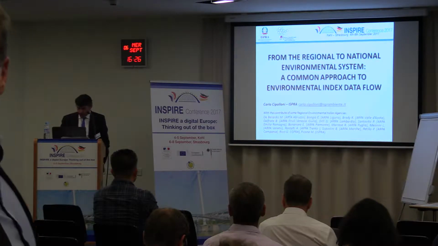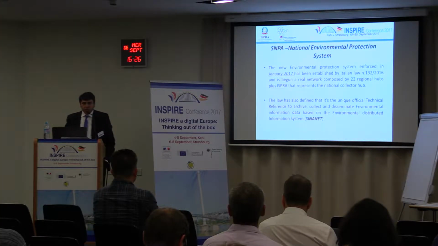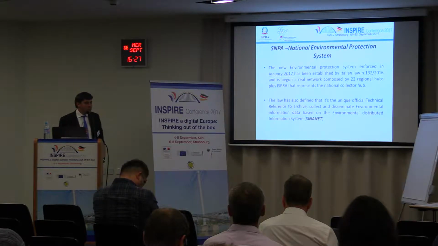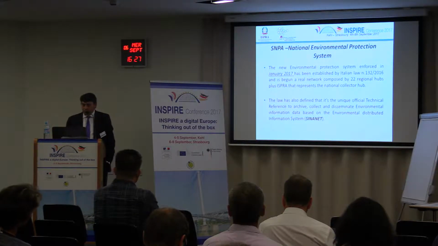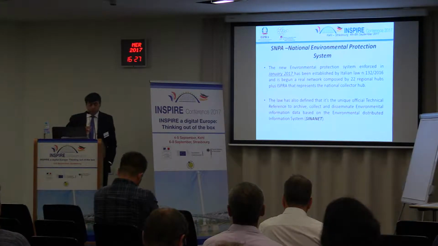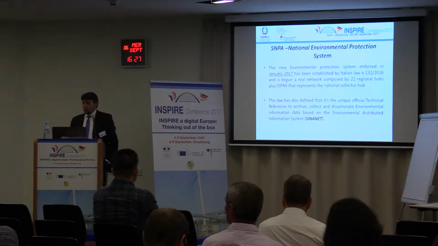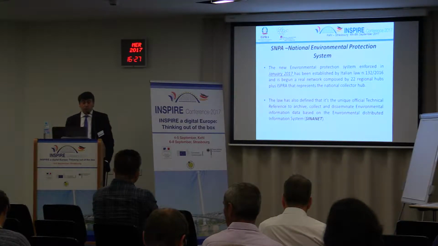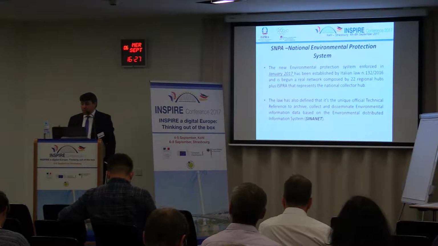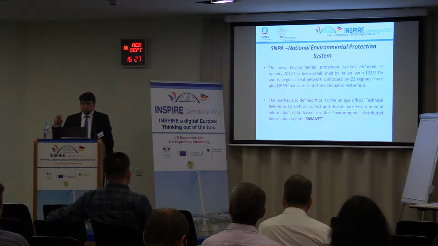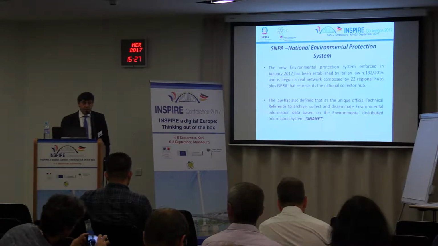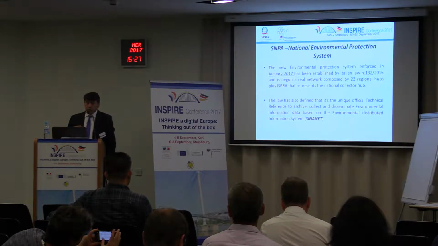So in fact, enforcing last year a new national law reorganized the environmental information protection system and defined a new structure. In January this year, we established a new system, the National Environment Protection System, composed of the regional agencies or autonomous provinces, plus the central lab, an organization called ISPRA.